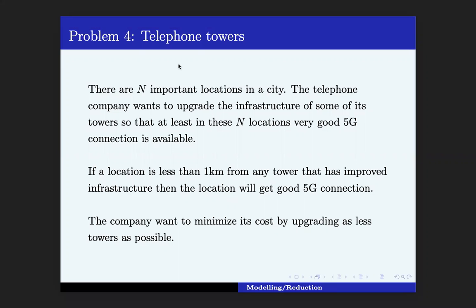We are not talking about putting up a new tower. So you basically have a certain set of locations where there are towers already, and a certain set of locations in the city which you want to serve. Now your job is to upgrade some of the towers so that you can have good 5G coverage in all the important locations.